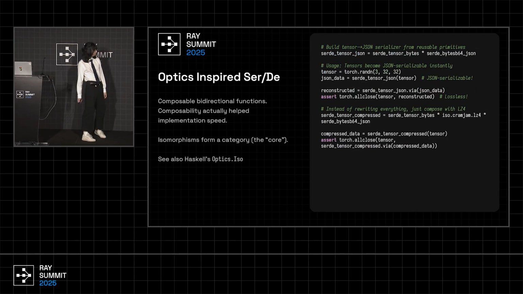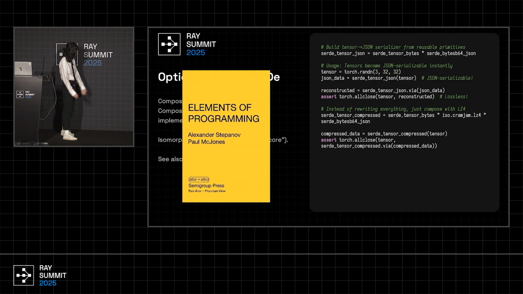A fun part, or a flex here, as a hint, is that we do a lot of serialization and deserialization. One problem with serializers and deserializers is that usually you want to pair them together. And once you start to pair them together, it becomes less flexible, or easy, or error prone. So, inspired by Haskell and category theory, what we did was this.